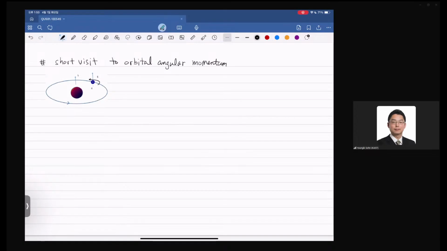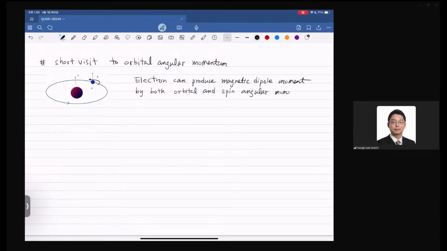Okay, so an electron can produce a magnetic dipole moment by both orbital and spin angular momentum.